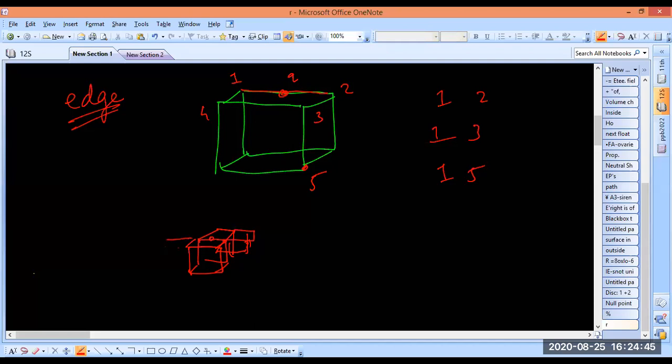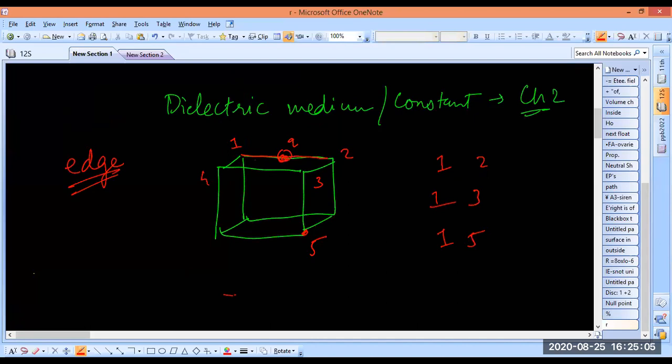Similarly, I'll have to create one more cube here, one more cube here, like that. I hope you're getting it. So I'll have to create symmetry around this charge, right? For that we have to construct surfaces or objects.